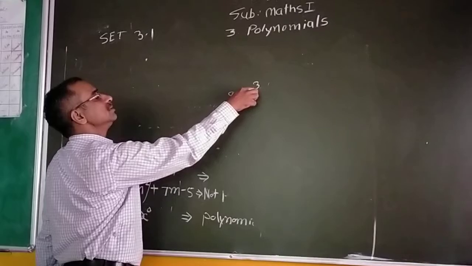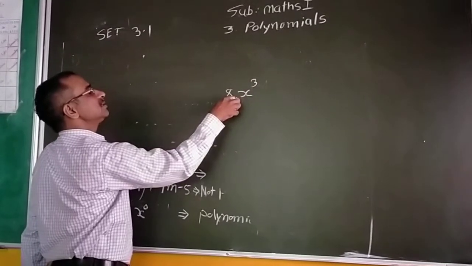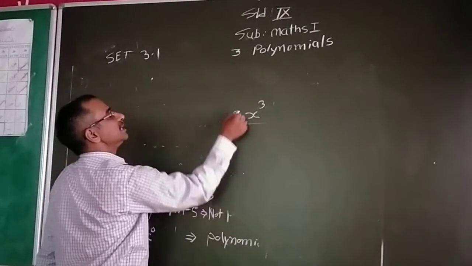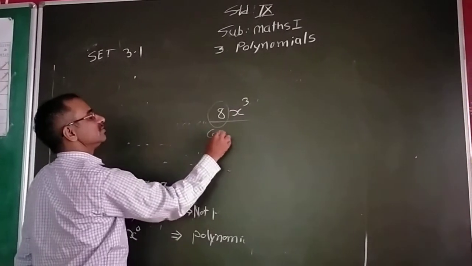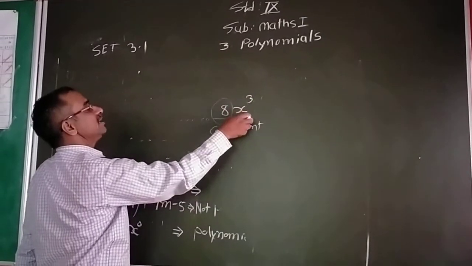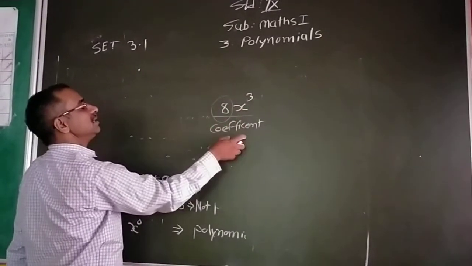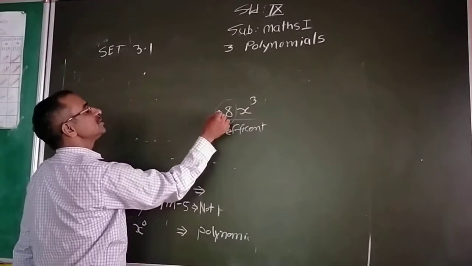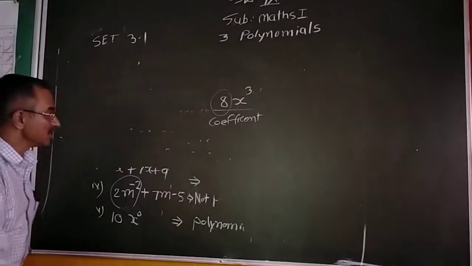The variable's power is 3, and it is multiplied by 8. This 8 is called the coefficient. Any variable multiplied by a number, that number is called the coefficient. It can be positive, negative or 0 also.